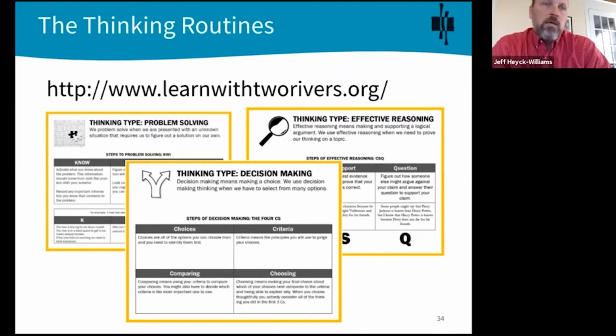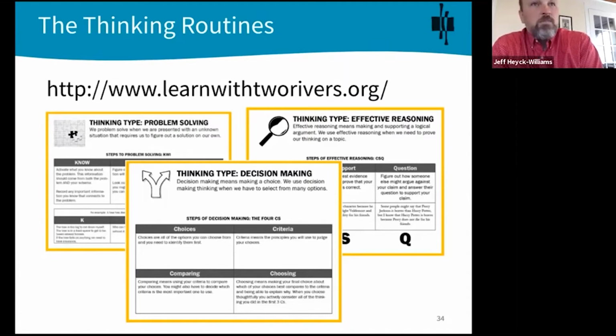And it's not bad. It's a great way of structuring an activity for kids, but it's not going to lead to them developing a habit of thinking that is effective. So they have to see it over and over again in multiple contexts and opportunities for it actually to start to transfer for kids and become useful.